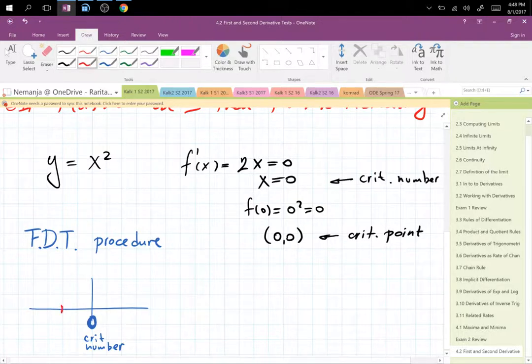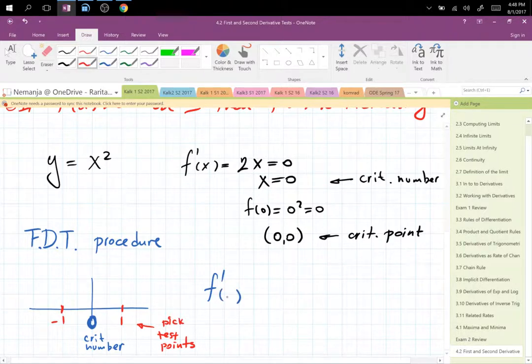Then you pick test points. So these test points are in the regions from your partitions. And then you use those in your derivative test.